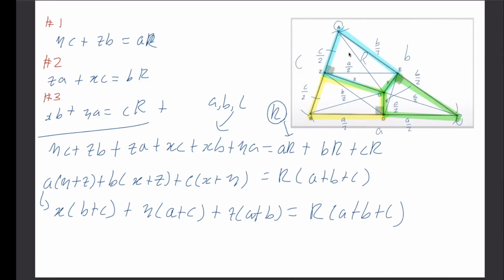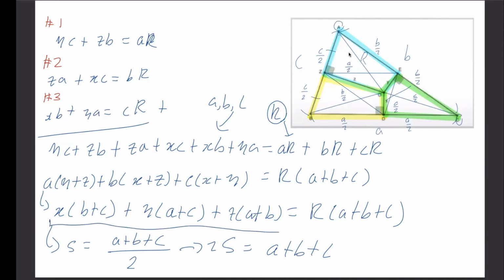We know that the semi-perimeter of a triangle is 2 over its perimeter, which currently is A plus B plus C. Then we can also say that 2S is equal to A plus B plus C. Using that, we're going to substitute this value into this side of the equation first.